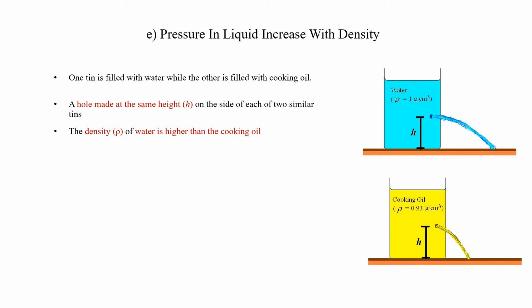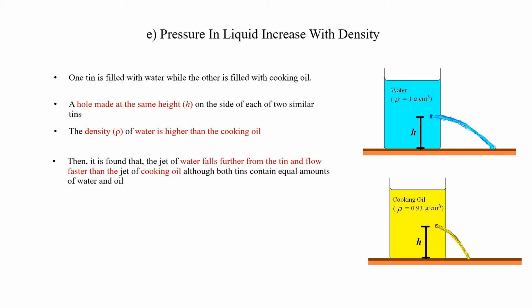So, the density of water is 1 gram per centimeter cube, while the density of cooking oil is 0.93 gram per centimeter cube. Then, it is found that the jet of water falls further from the tin and flows faster than the jet of cooking oil, although both tins contain equal amounts of water and oil.